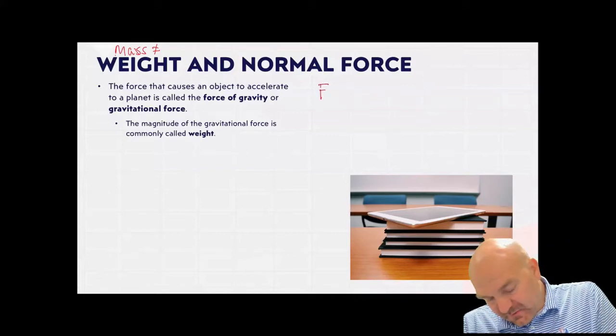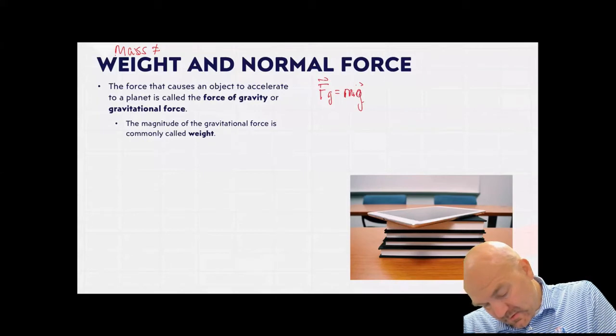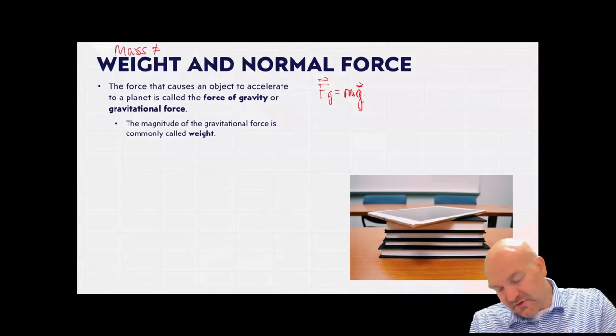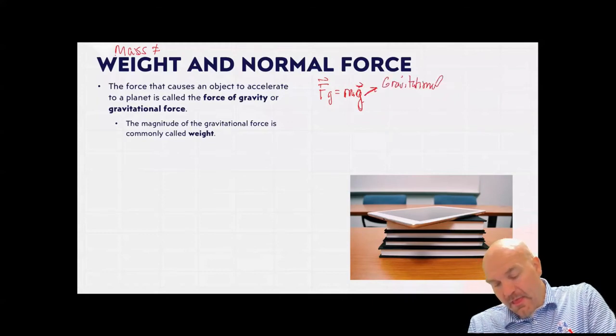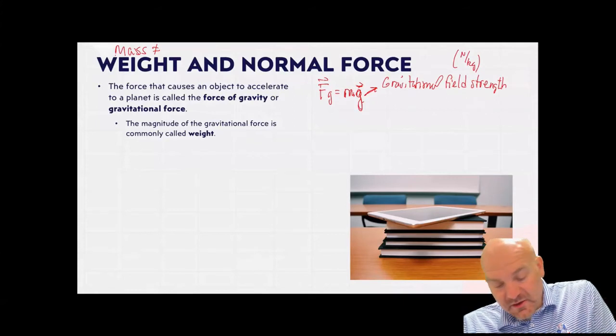The equation for the gravitational force is: the vector gravitational force equals mass times g, with a vector. This g is what we call the gravitational field strength, and it's actually reported in newtons per kilogram as opposed to meters per second squared.